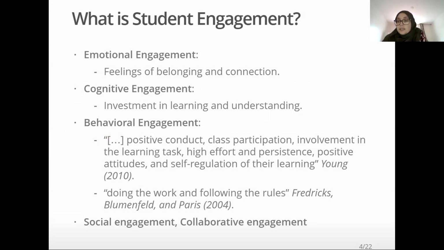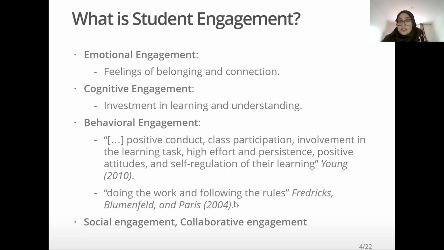Here we can, for example, talk about Kolb's learning strategies or learning behaviors, whether we have a deep learner, a surface learner, or a strategic learner. Then behavioral engagement, which I am interested in today, is perhaps the most visible one. It includes class participation, completing assignments, following rules, and that's what Fredericks, Blumenfeld, and Paris said in the end.